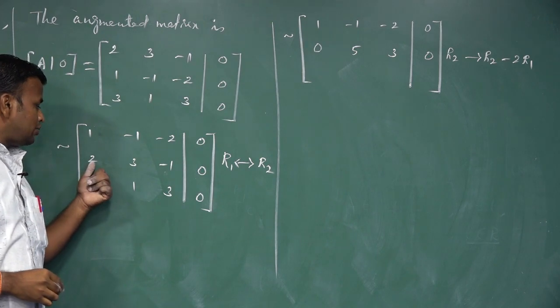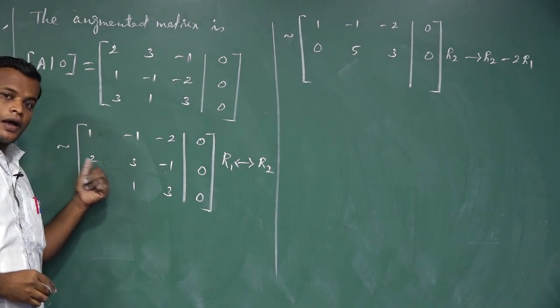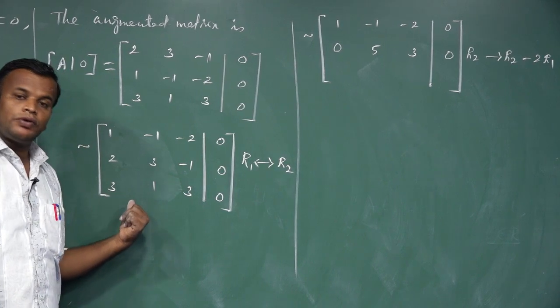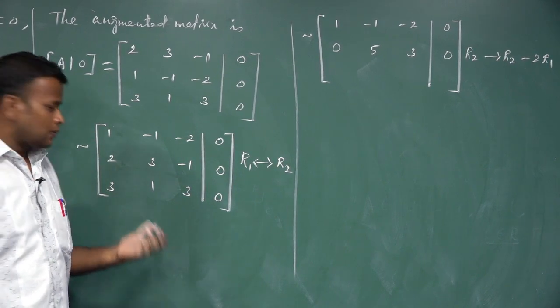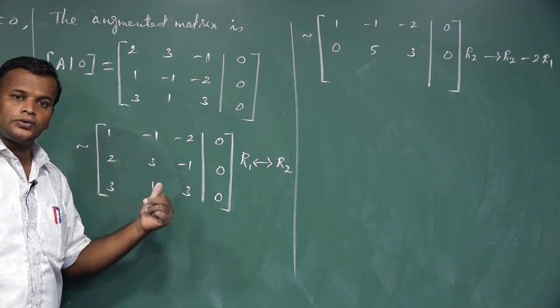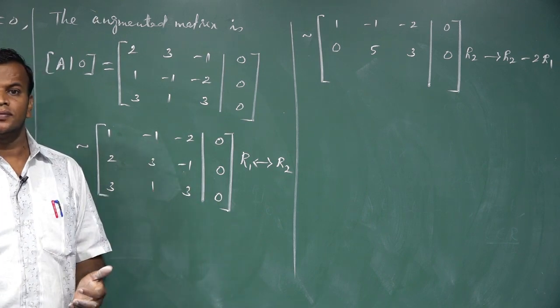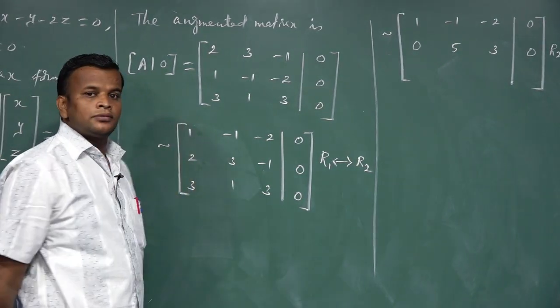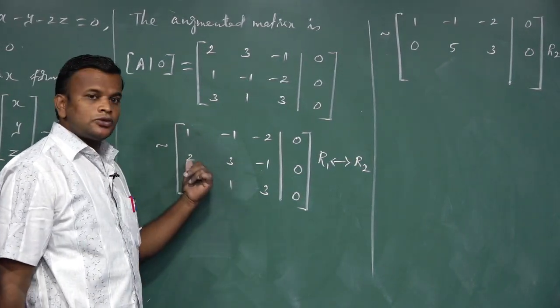After changing this element to 0, next we convert that element also to 0. So in which rows do we consider? R3 and either R1 or R2, whichever is easier. The easy one is R1 because the number 1 is there. So we take the easy row.